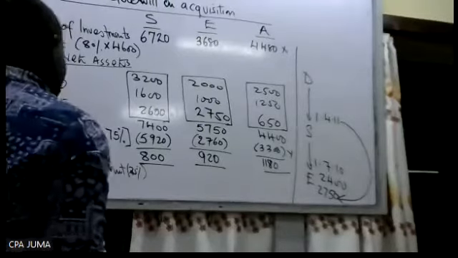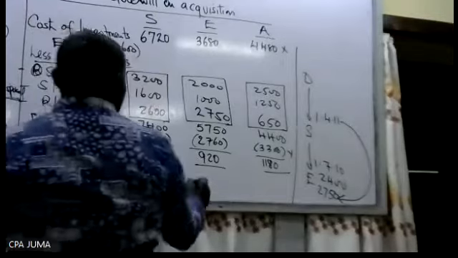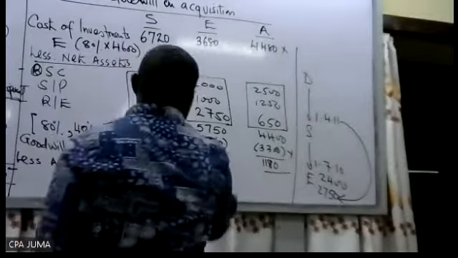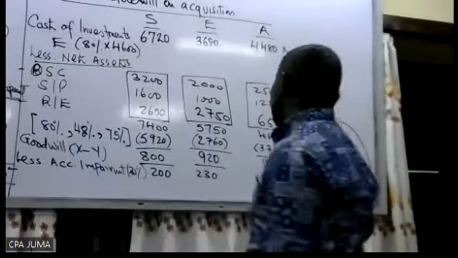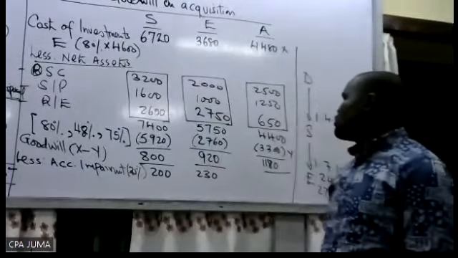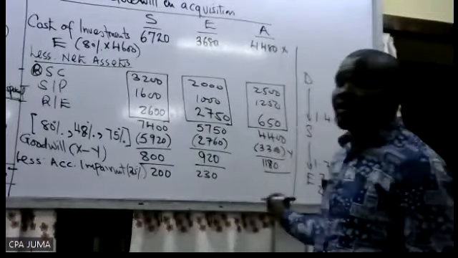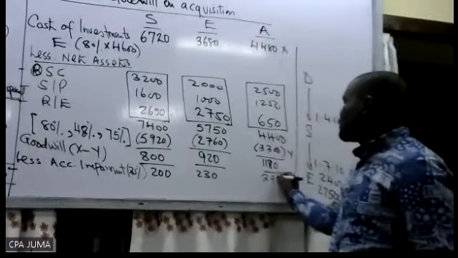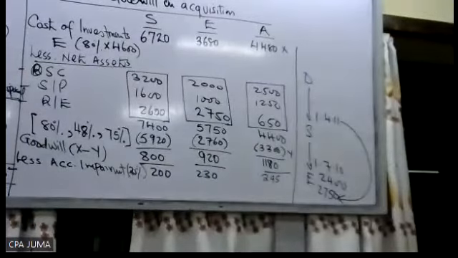25% is a quarter. A quarter of 800 should be 200. A quarter of 920 should be 230. But a quarter of 1180 should be how much? 295. Let me check. 295. Yes. So unimpaired goodwill, we have arrived here.